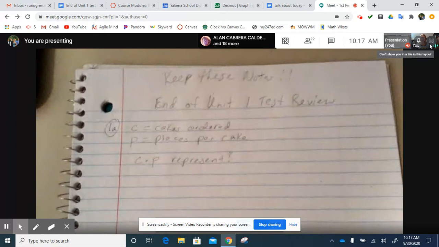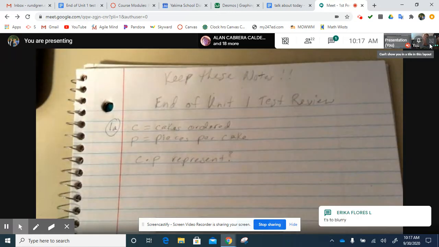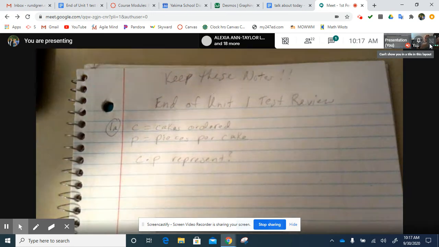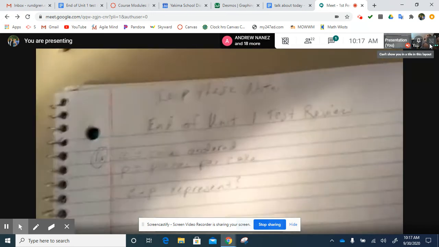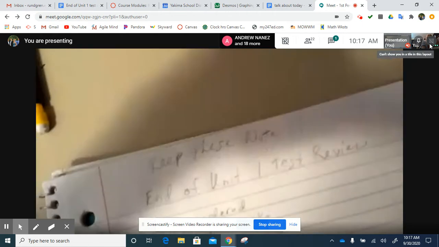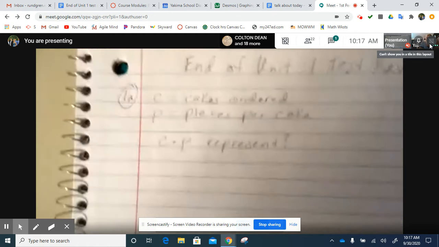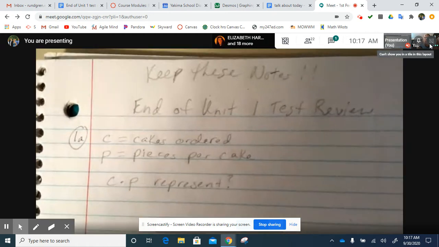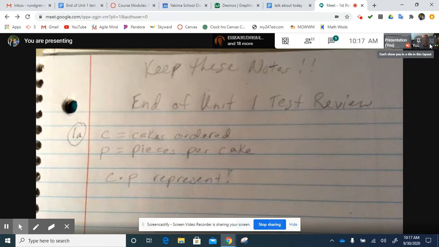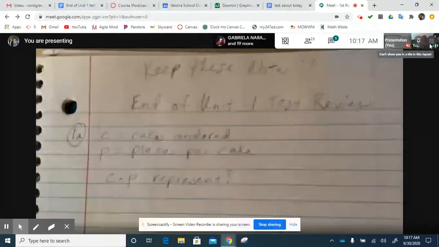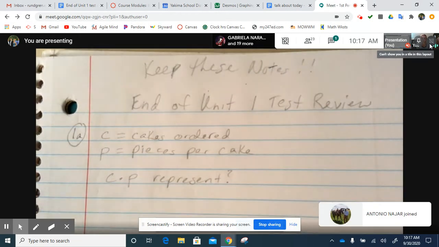Okay, so this, oh, then I jiggle it. All right, so this is what you should have on your paper. It's too blurry. Try to zoom in a little bit. Is that better? Okay. All right, so this is what you should have on your paper so far. Everybody good?